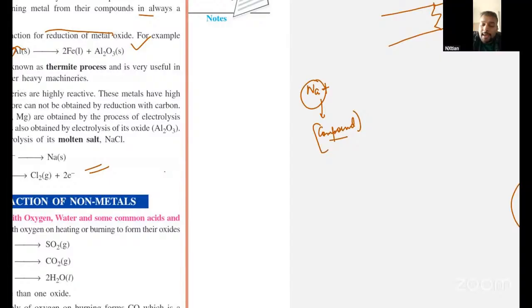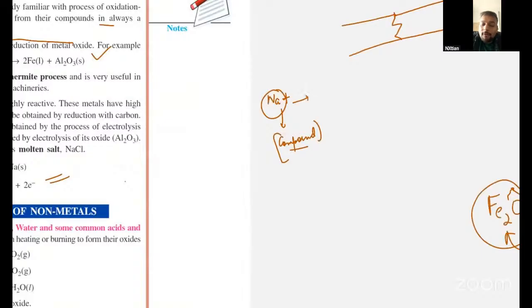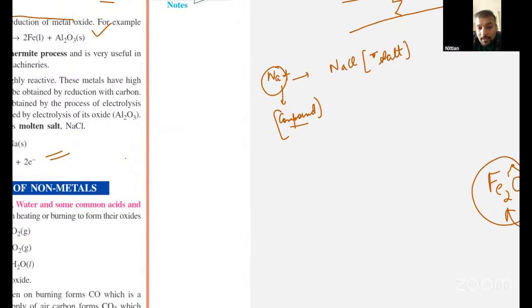Now, for example, Na is found in NaCl form, which is the desh ka namak, Tata namak. This NaCl salt, if I want to extract Na from it, then what will I do? Electrolytic refining. Electrolytic refining means I will first heat it till the molten state.